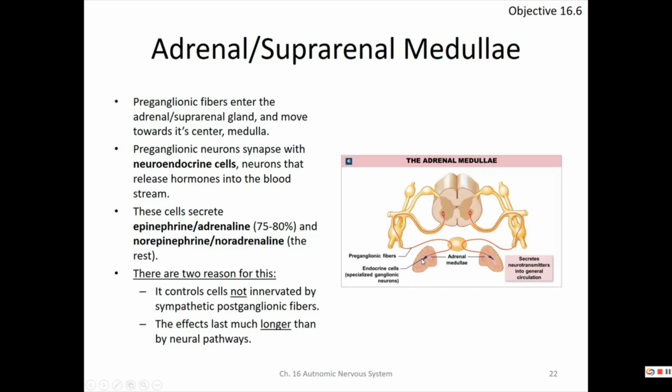Okay. Adrenal medulla. Now, this is the only place where the sympathetic division has long preganglionic neurons and short postganglionic neurons.